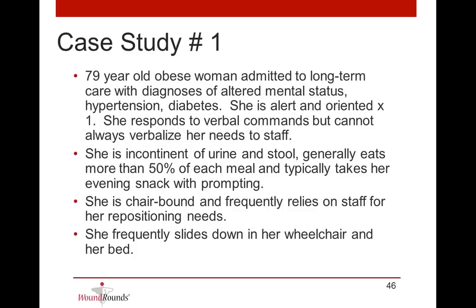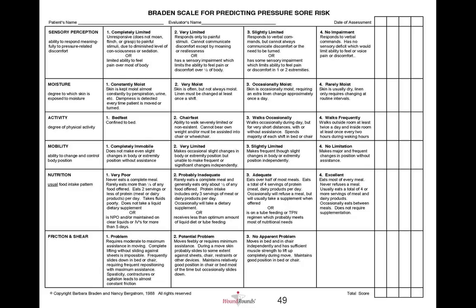She's alert and oriented ×1, responds to verbal commands, but cannot always verbalize what she needs to staff. She's incontinent of both urine and stool, generally eats more than 50% of each meal, and typically takes her evening snack with prompting. She's chair-bound, but relies heavily on staff for her repositioning needs. And she also frequently slides down in her wheelchair, unfortunately, and her bed.